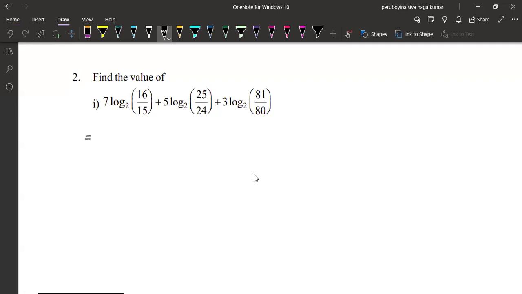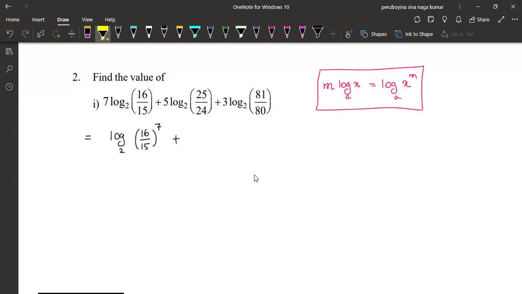Now, we know how to write this. So log of 16 by 15 whole power 7 base 2. The property I just performed here is, for example, m log x base a can be written as log x power m base a.